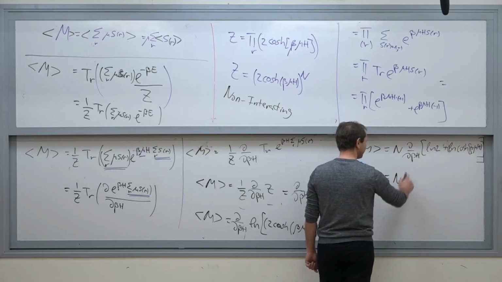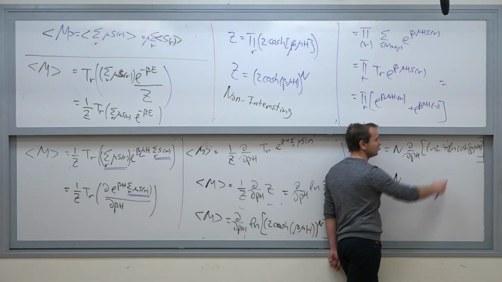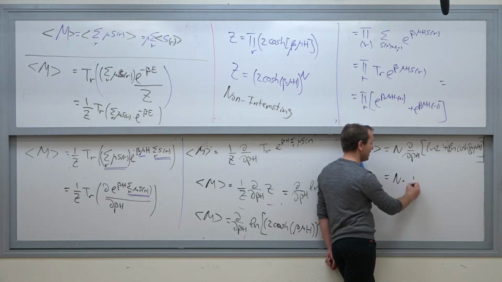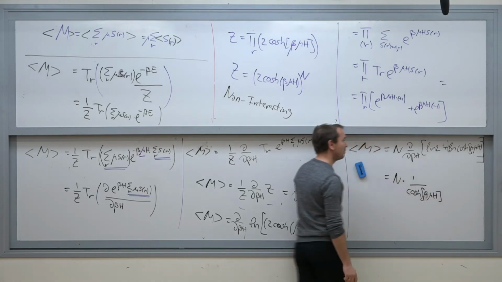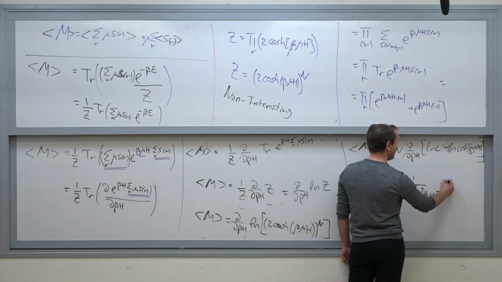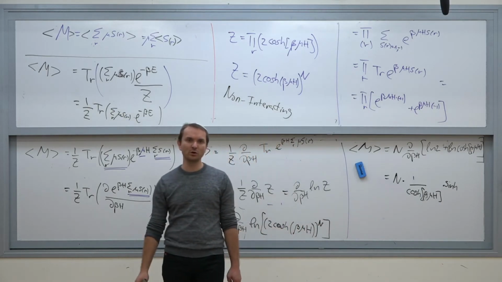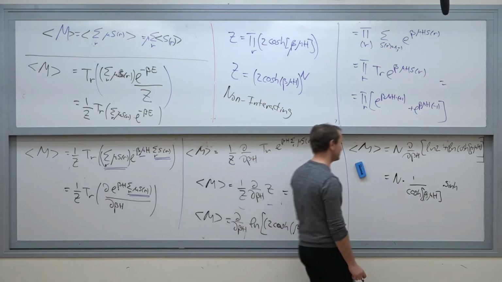And we have n. Now we're taking the derivative with respect to beta h of the log of a cosine. So it's n divided by cosine of beta mu h, multiplied by a hyperbolic sine, because the derivative of the hyperbolic cosine is hyperbolic sine.